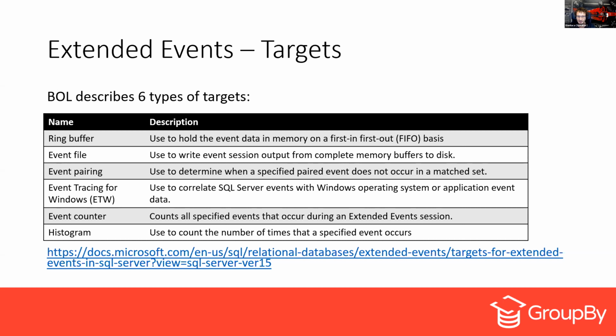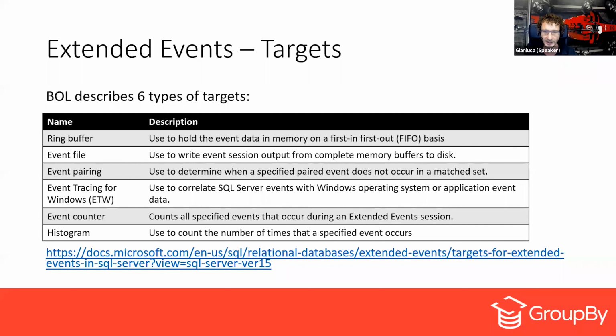So you set up your session, and once you decided which events to capture and how to filter them and all these configuration bits of your session, you will have to decide what to do with these events. And you have some options out of the box that come directly with SQL Server. And these are the targets.